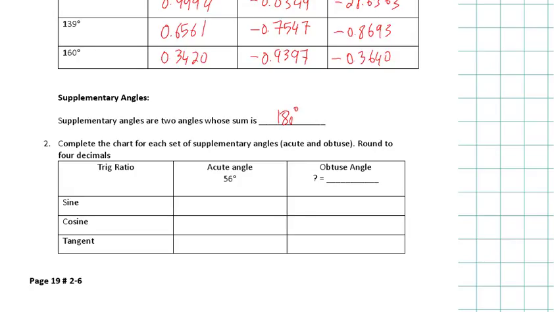Okay, so if you have this acute angle, let's say it's 50 degrees, so that's an acute angle, right? The 130 is its supplementary obtuse angle.